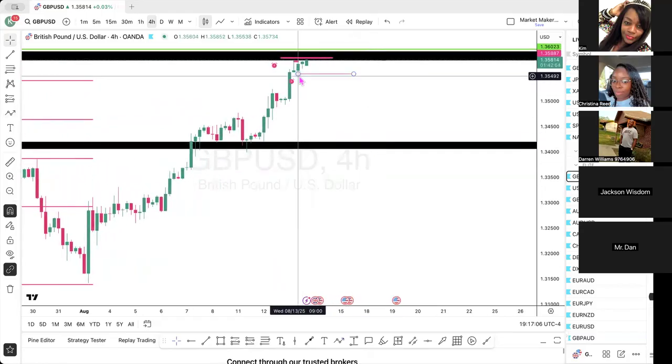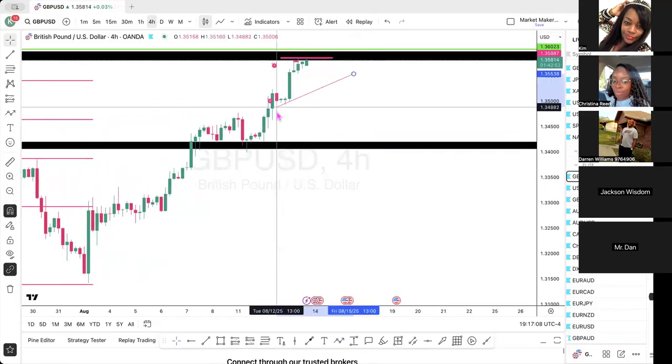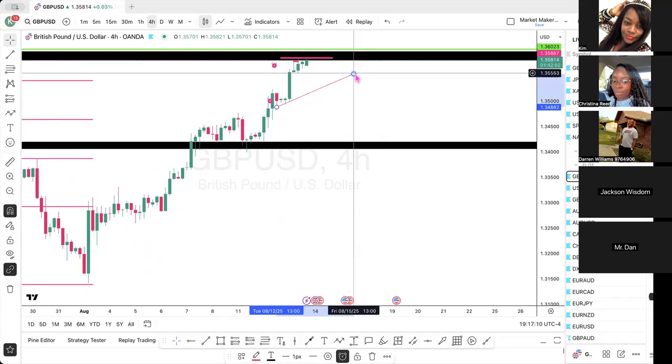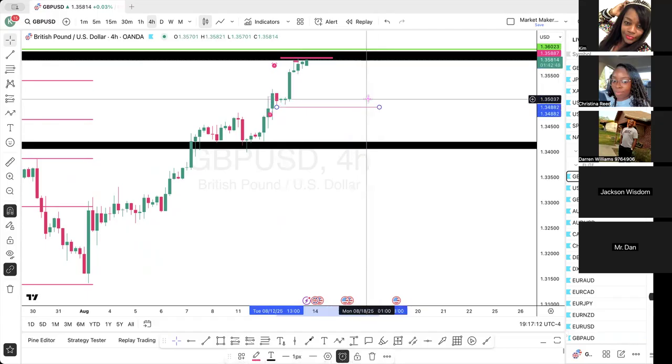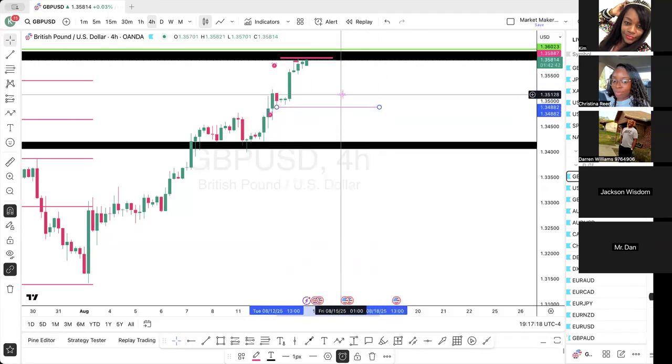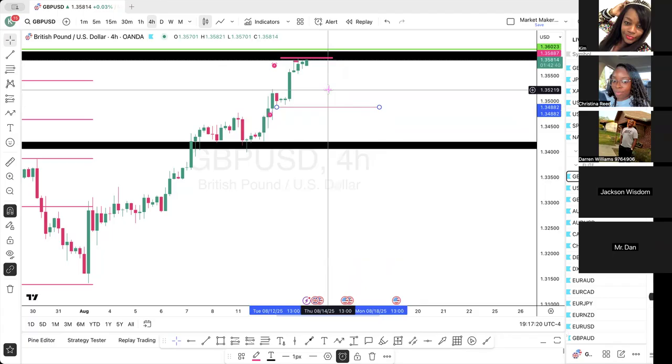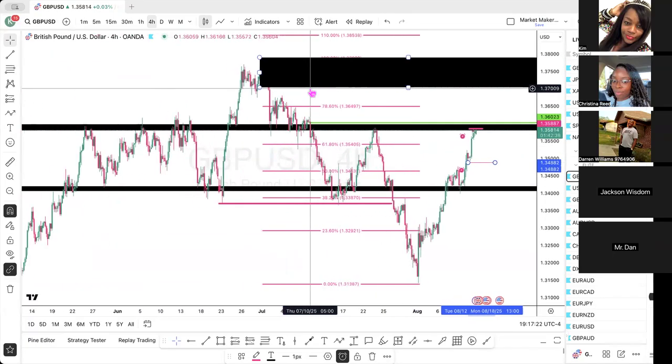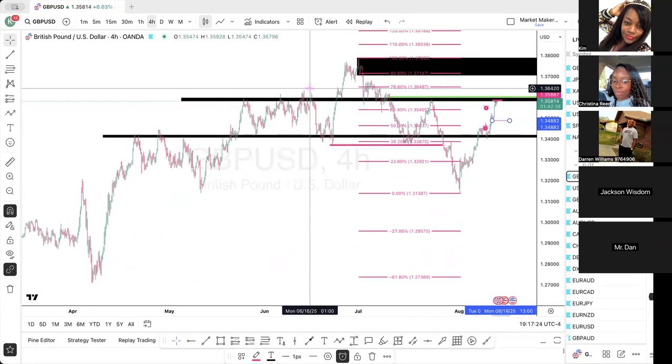Same thing we've been going over. Same thing. I just added the levels of support and resistance to my chart.